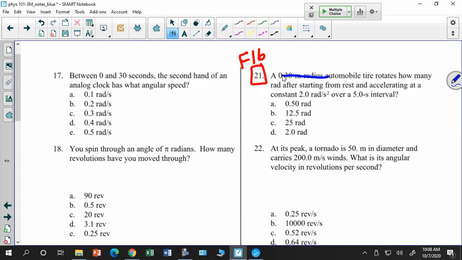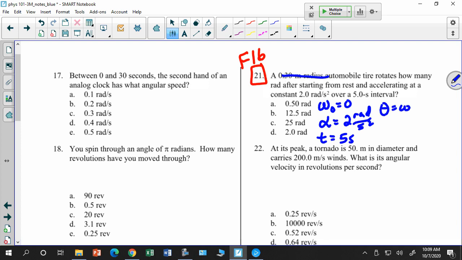So I have a tire that rotates from rest. So that means omega naught is equal to 0. It accelerates at a constant rate. That's alpha is equal to 2 radians per second squared over a 5-second interval. So t is equal to 5 seconds. And then I'm looking for theta.